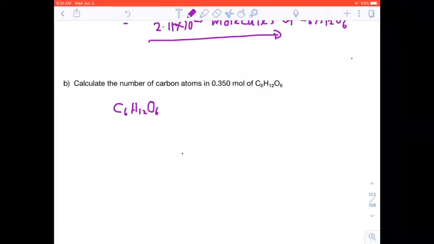Now as you can see here, if I write it like that, the coefficient in front of that is 1. So that 1 could refer to 1 molecule of it, or it could refer to 1 mole of it.